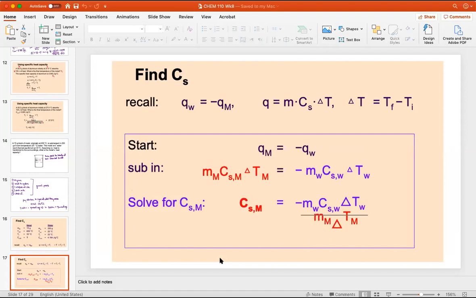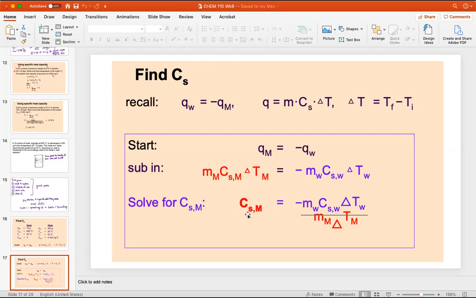In order to solve, we're going to isolate how we would solve for our heat for water and how we would isolate to solve for our heat for the metal. Notice you have the ability then to be able to rearrange and solve. So if I wanted to get the specific heat capacity of the metal by itself, I would just divide both sides by the mass of the metal and the change in temperature of the metal.